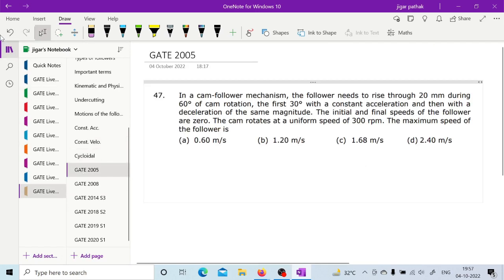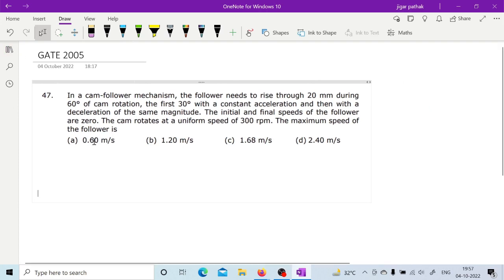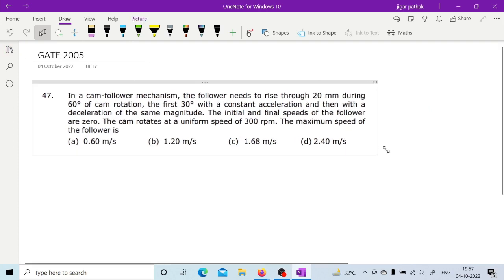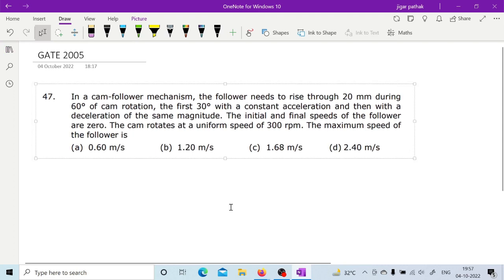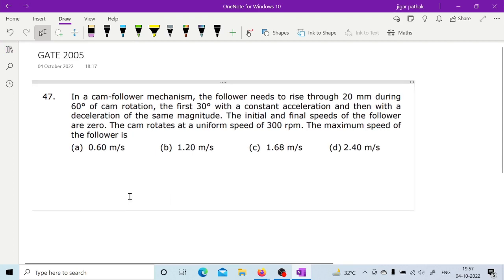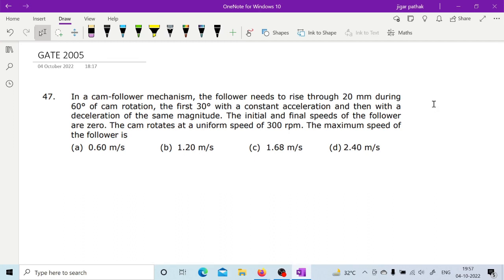So if you see this one, this is a GATE previous year question from GATE 2005. So what the question says is, in a cam follower mechanism, the follower needs to rise through 20 mm during 60 degree of cam rotation.